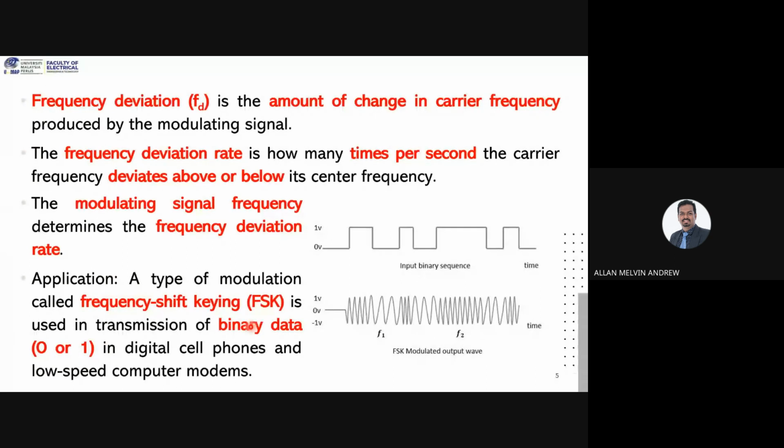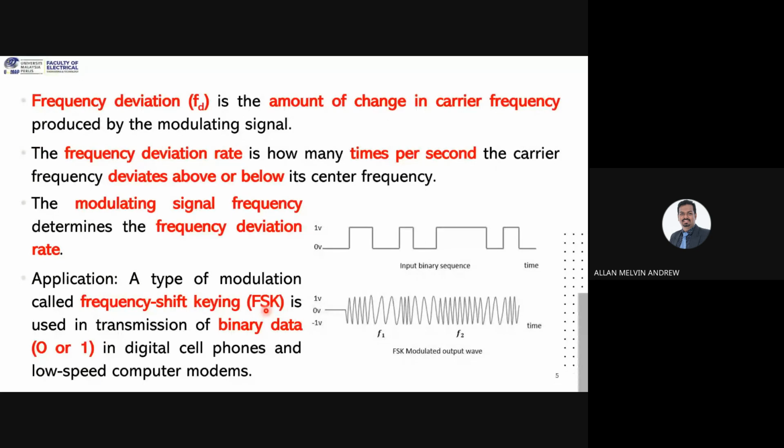Even our computer, our digital TV, everything is using binary data. So a lot of applications are using binary data, and if you want to send it from one point to another point, we need to use a modulation called frequency shift keying, or FSK.